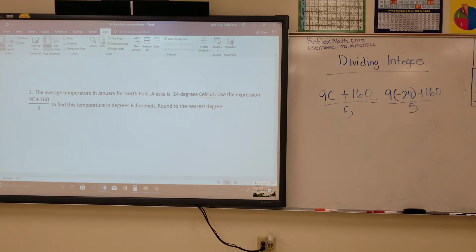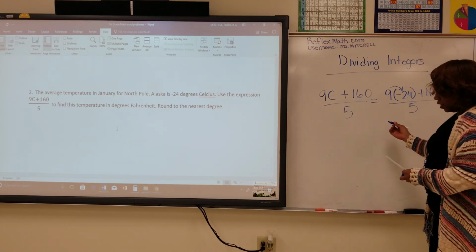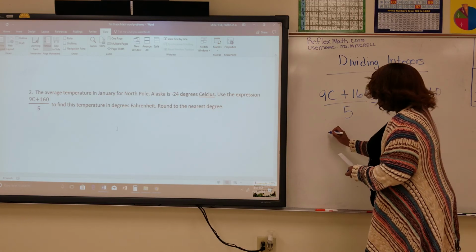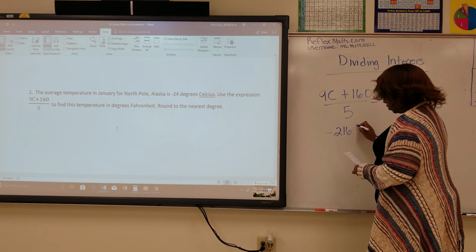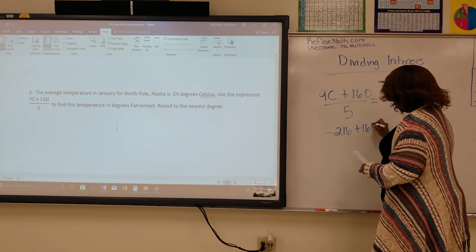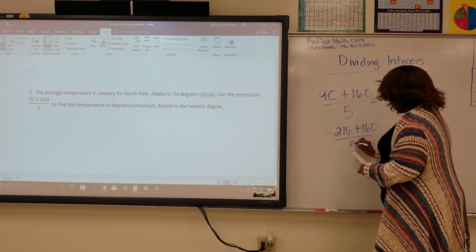From here, you will then distribute this 9 to the negative 24. Then that gives you negative 216 plus 160 divided by 5.